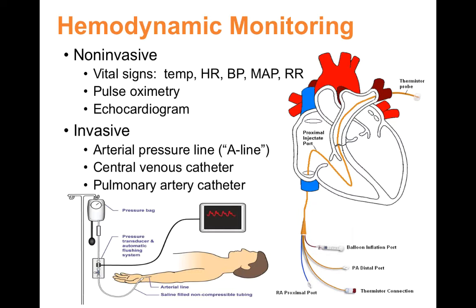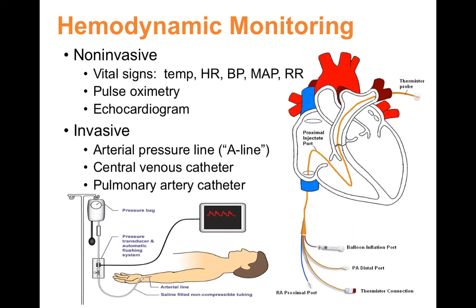While these lines are very useful, the first thought is, why wouldn't I put this in anybody? It would be great to have all this extra access and get all this hemodynamic information. Studies have been done on patients who have gotten pulmonary artery catheters and actually found that they have an increased risk of mortality.